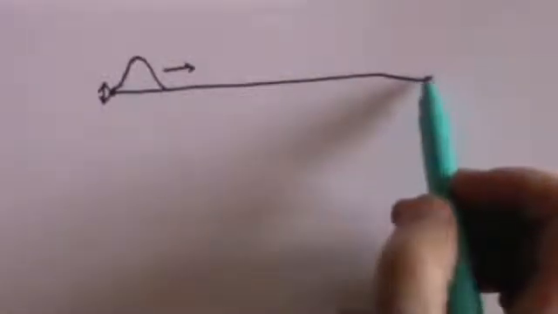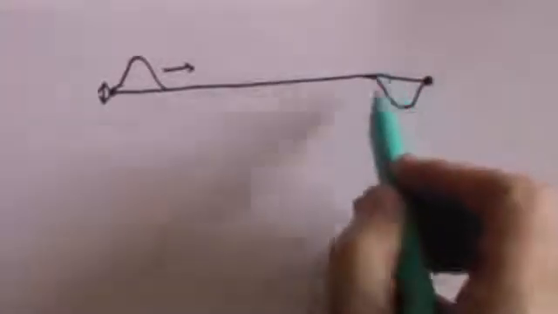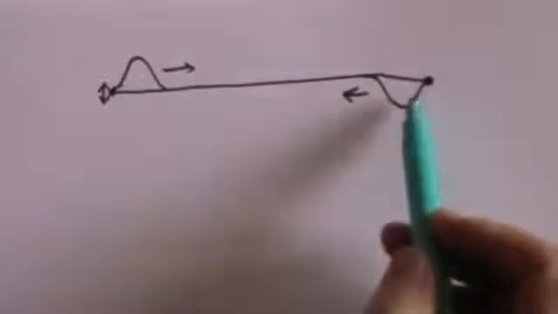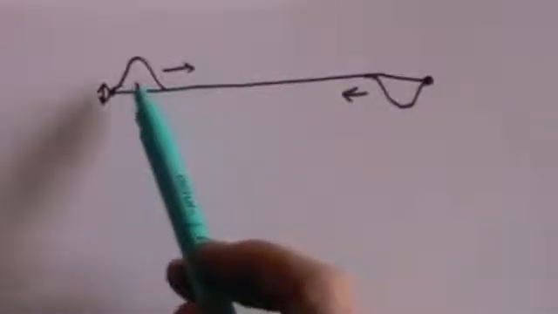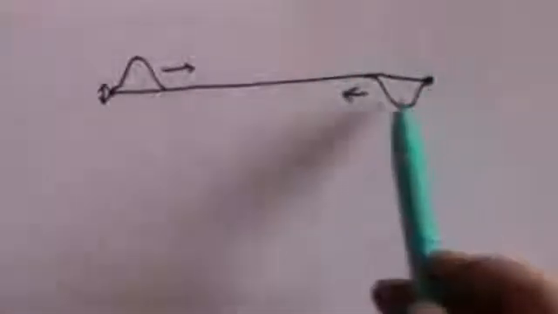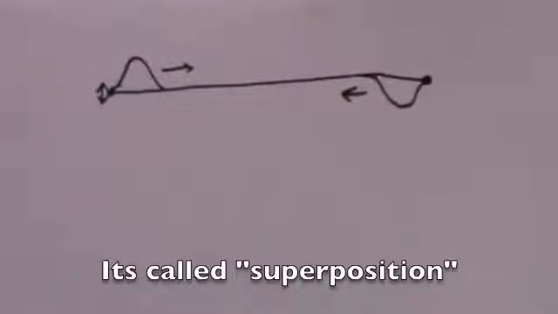When it gets to the fixed point, it can't go any further, and it is reflected, and it's reflected upside down. And so there will also be a travelling wave coming back in the other direction. So you've got two travelling waves, one coming in this direction, one coming in that direction. And when they coincide, the waves superimpose, and that's basically just added together.